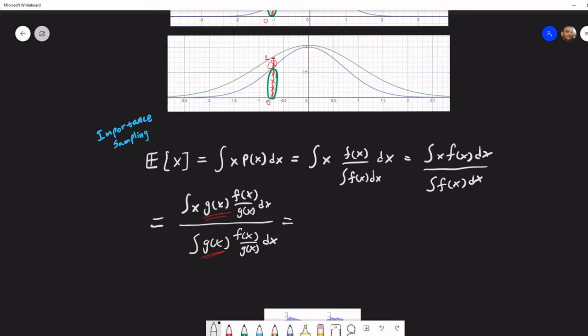So we can look at this as the mean of this quantity divided by the mean, according to g of x, of this quantity.